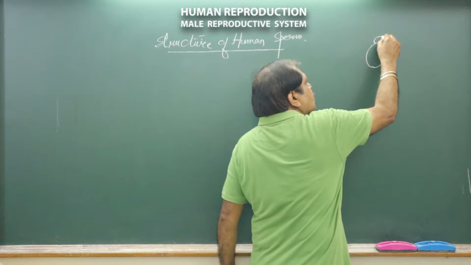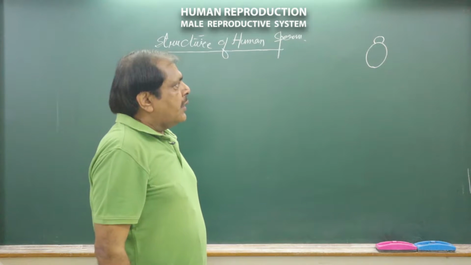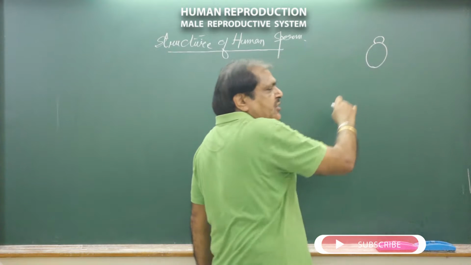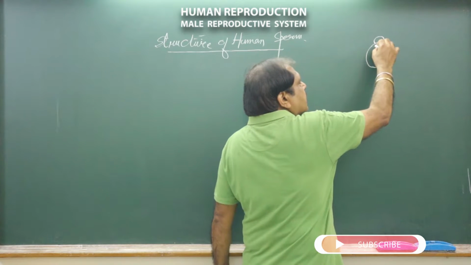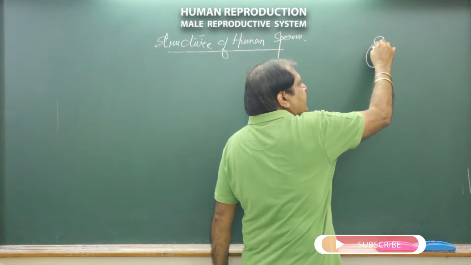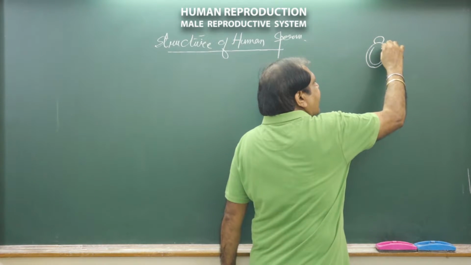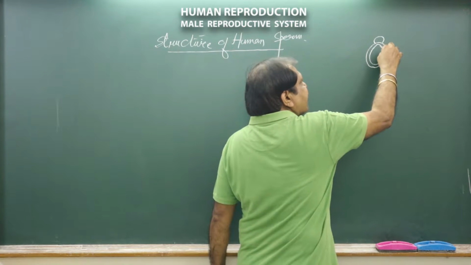This is the acrosome. It is a cap-like structure. And towards the posterior, there is the nucleus. This is the nucleus. Elongated nucleus. It is not spherical.